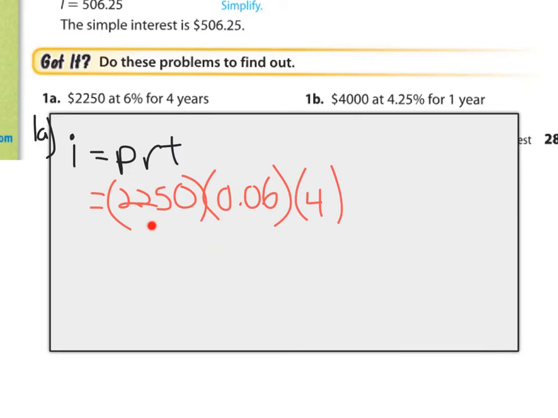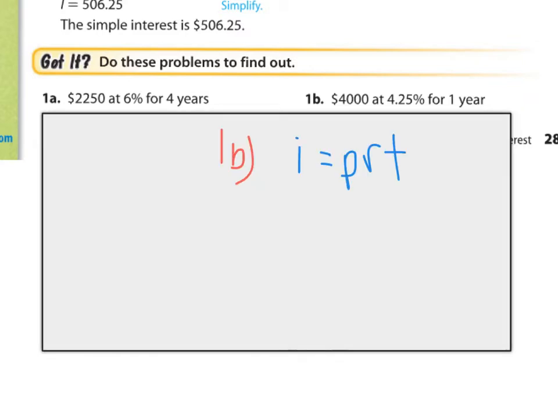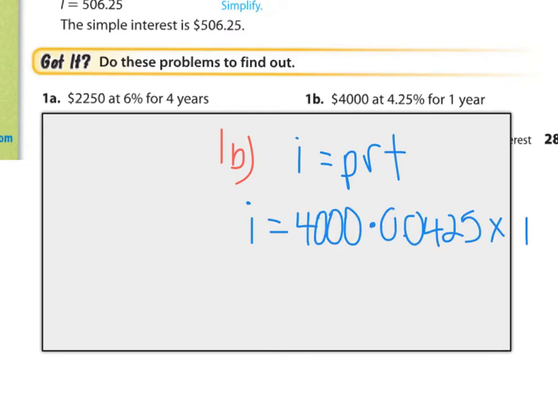There it is. We just multiplied all three, and you should get 540. So therefore, it would be $540 after 4 years. That would be the simple interest. Okay, let's check 1B. Interest equals principal times rate times time.